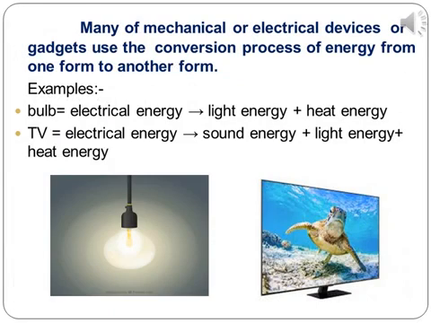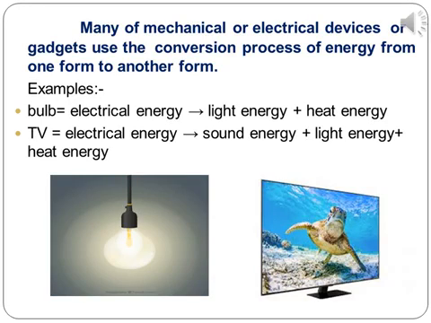Many mechanical or electrical devices or gadgets use the conversion process of energy from one form to another form. Examples: when a bulb glows, it uses electrical energy and converts it into both light energy and heat energy.